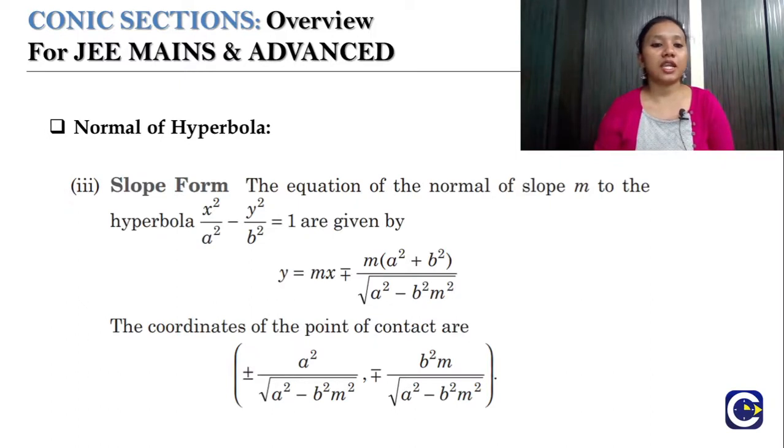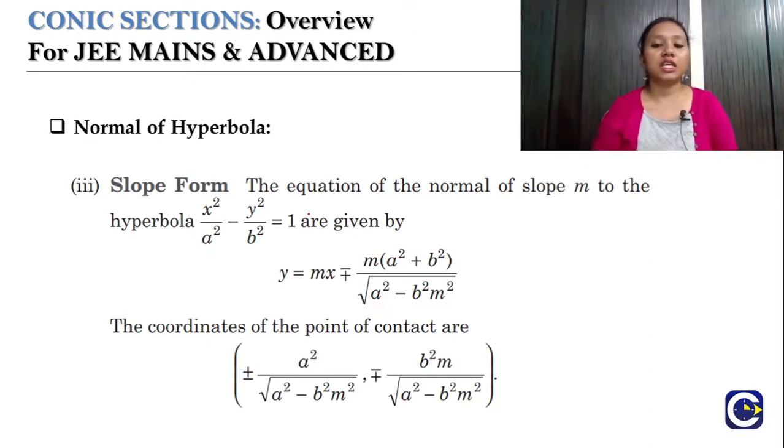Coming to the next form of equation of normal, which is very important because it's the slope form, we will have a condition. The condition is always about our c value, right?